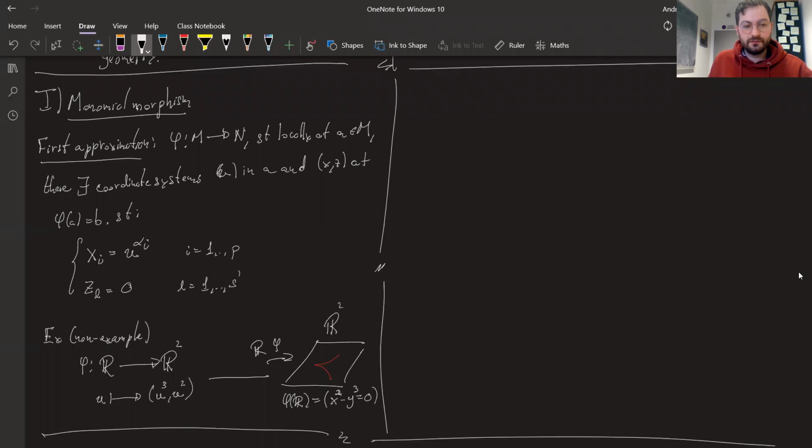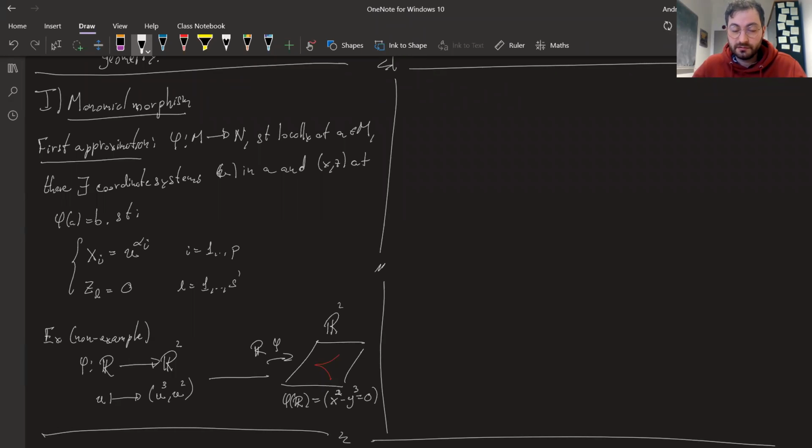So in the notion of the simplest possible morphism that we can take, this does not yet correspond, because I can see that the image is singular at this point.